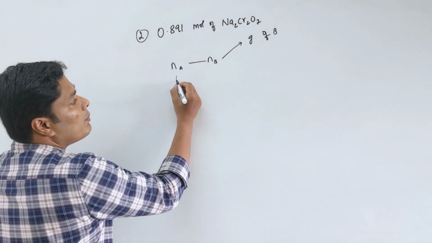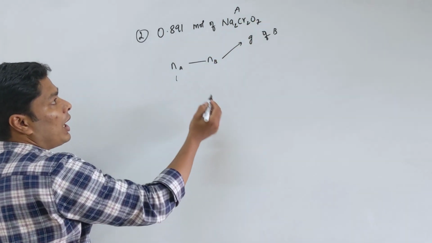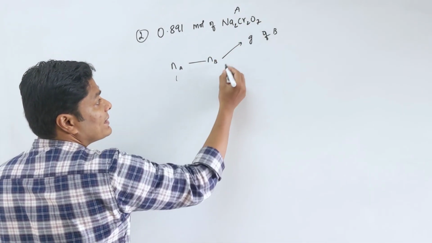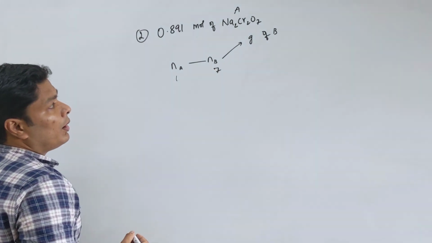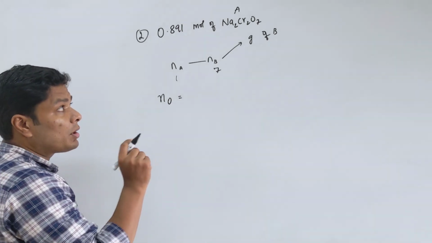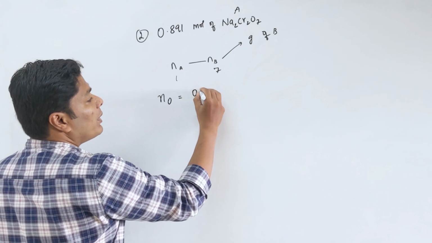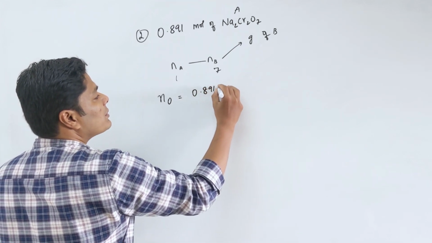So for every 1 mole of A, which is this one, sodium dichromate, how many oxygens are there? 7. Right? So moles oxygen, I am not talking about O2 oxygen, there are 7 oxygen in total. Moles oxygen is nothing but 0.891 times 7.